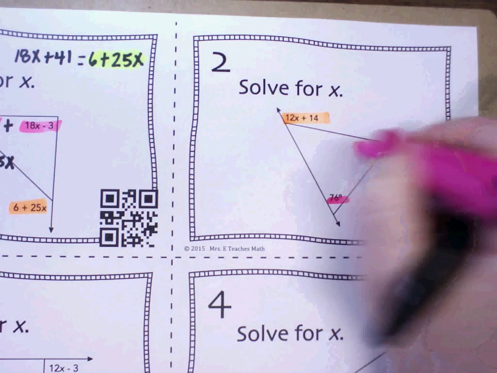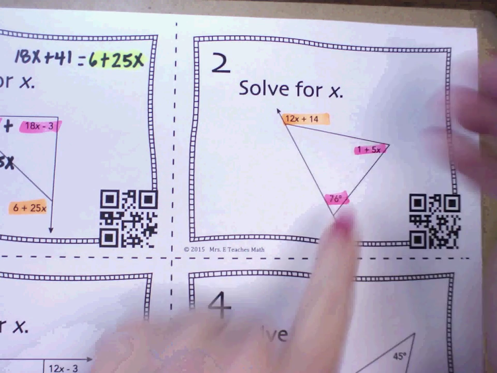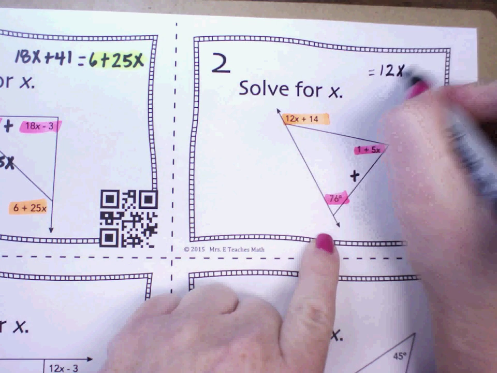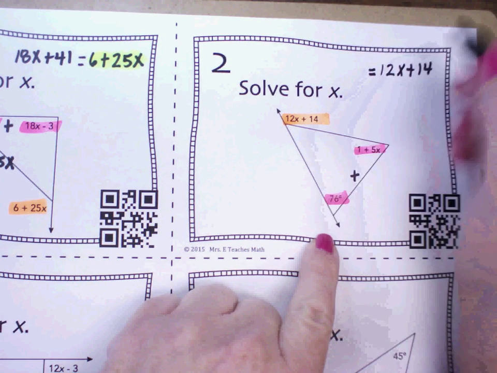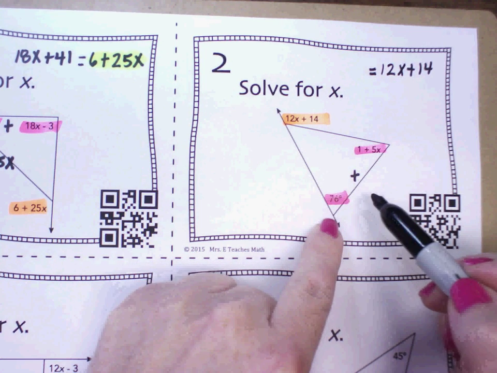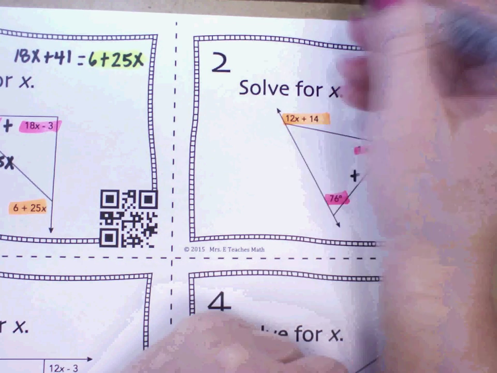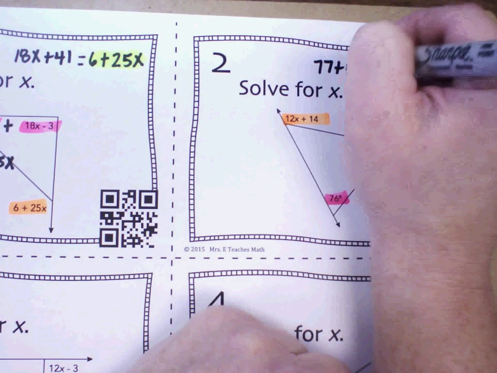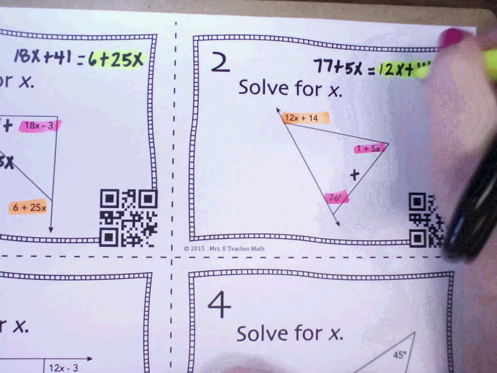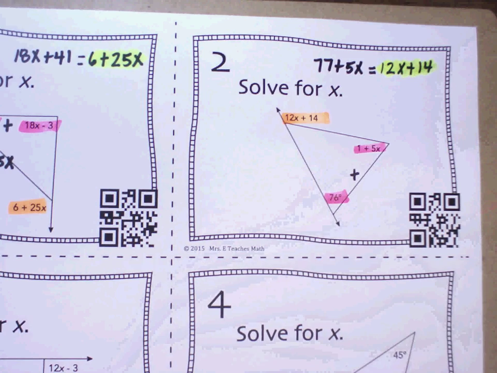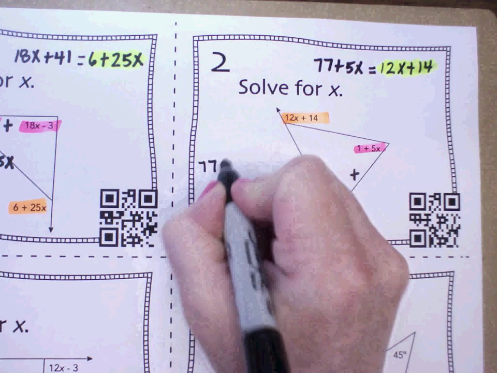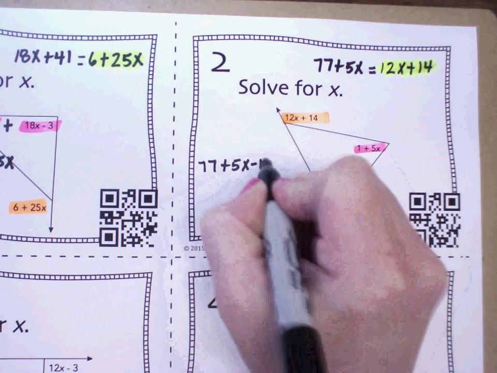All right, let's highlight the outside one color, the two on the inside a different color. All right. So these two added together equal that one. So my equation needs to be equal to 12x plus 14. Anything in here that I can add? 76 and 1 would be 77, right? So 77 plus 5x equals 12x plus 14. I'm going to go ahead and change the back.